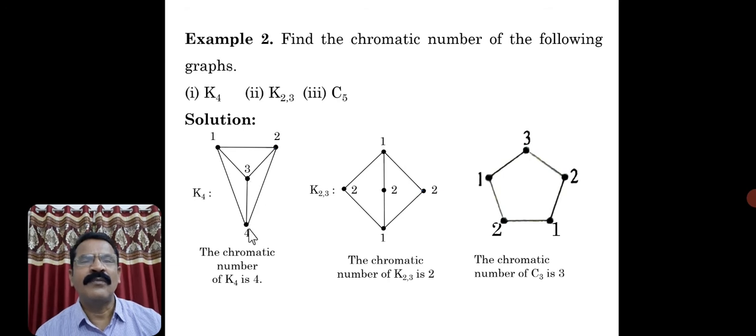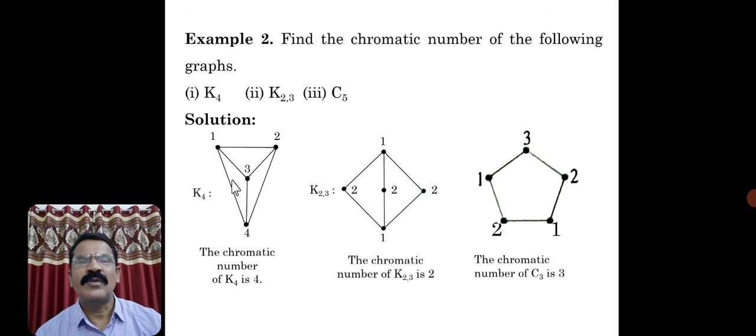Now the fourth vertex is adjacent with all other vertices, so you cannot use the color 1, 2 or 3. That's why we use the color 4. It is not possible to reduce. So for K4, the chromatic number is 4.